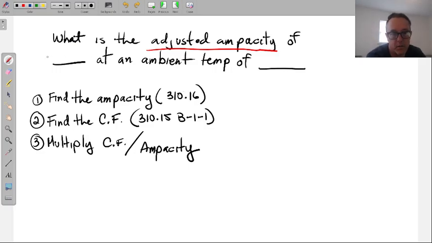We just have to focus on, and that's why the first step is, find the ampacity. So let's say we're dealing with number 4 THWN. We're looking for the adjusted ampacity of this wire, dealing with a temperature of, let's go with 131 degrees Fahrenheit. That's a good high number.